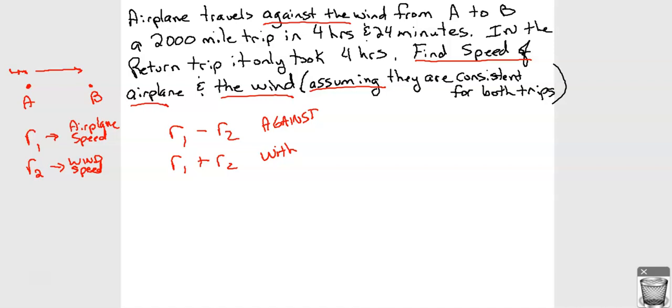What we're going to do after that, if you notice, we're going to use the formula D equals RT, distance equals rate times time. And we know that on the way from A to B, the first trip, D equals RT. So we know the distance is 2,000.